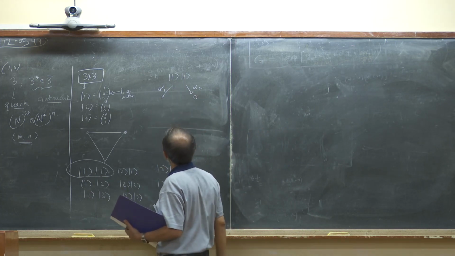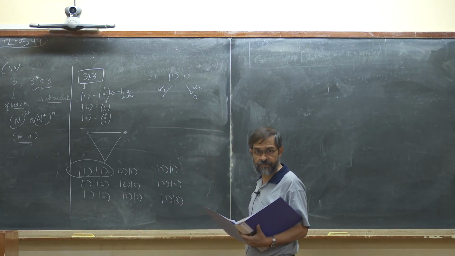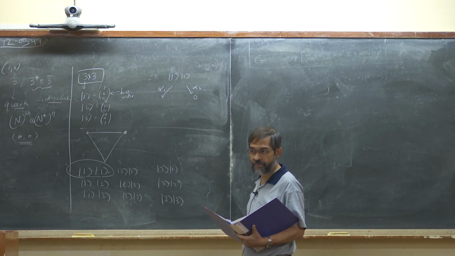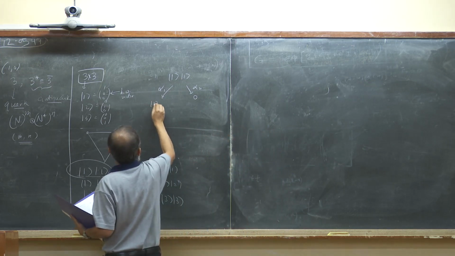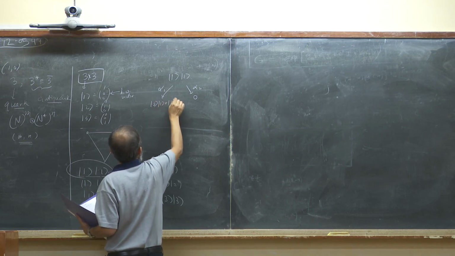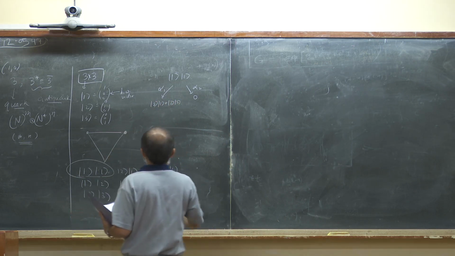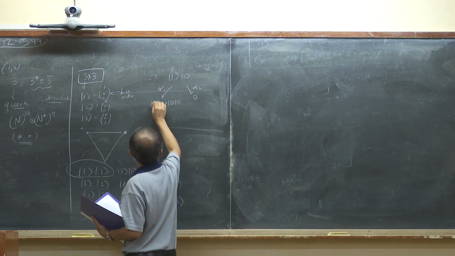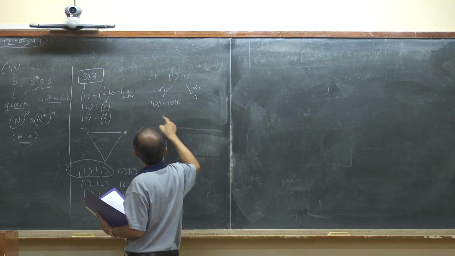And this acted on by alpha 1, what will it do? It will give you 1, 2 plus 2, 1. Let me call it 1, 2 plus 2, 1.